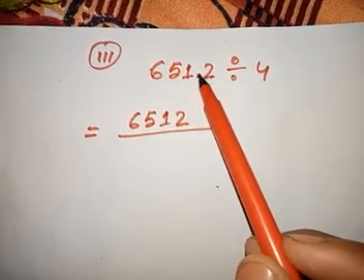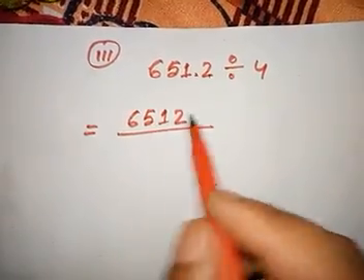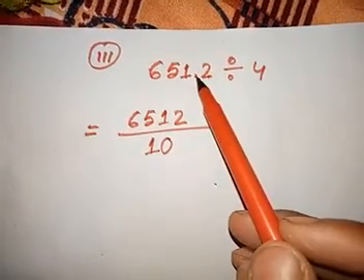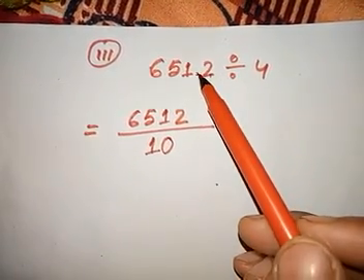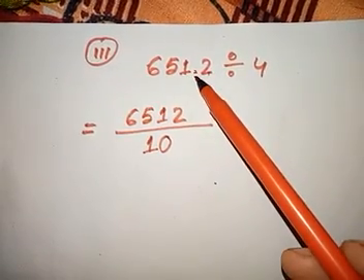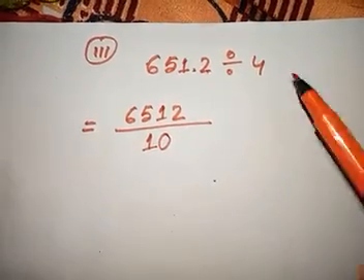It is just before 2, that means the decimal is before 1 digit, that is why you have to divide this number by 10. Remember, if before 1 digit, then by 10. If the decimal is before 2 digits, then you have to divide by 100. If before 3 digits, then you have to divide by 1000. This way it will go.